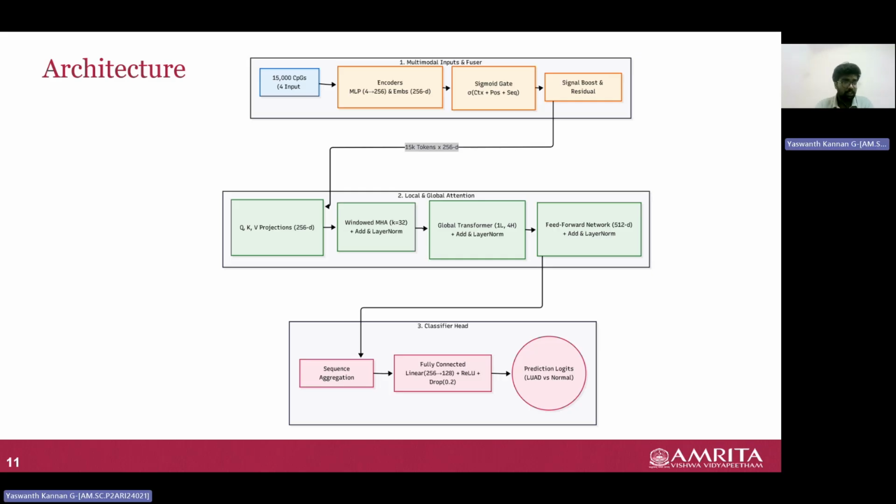Then I use an embedding model where I embed both numerical and categorical features along with the sequence-based data, and then feed them to the model. Once the model is done, I do the prediction. I'll deep dive into this architecture in the explanation part.